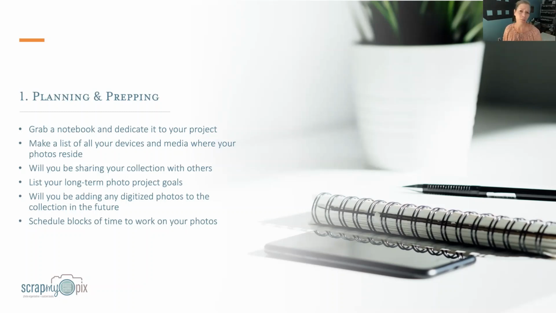If you have a Time Machine running in the background on your computer, or you have some other backup running, the initial goal right now is getting all of your photos to one place so that you can then go through and filter out the duplicates and redundant photos. So right now, I just want you to make a list of all the possible devices and types of media that may possibly contain your photos.